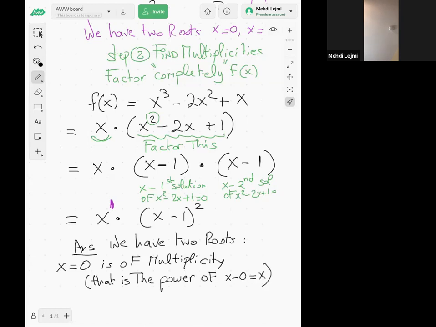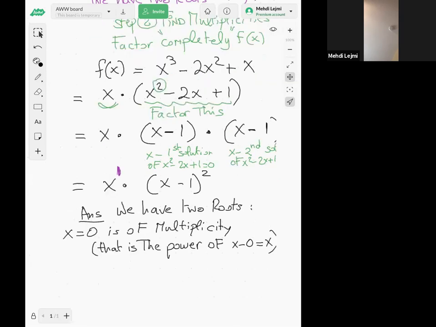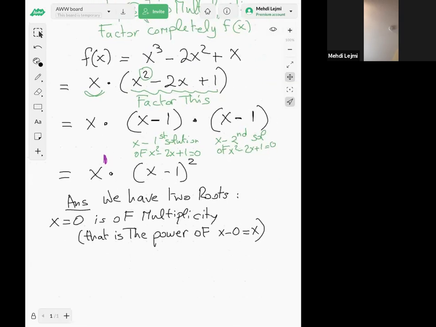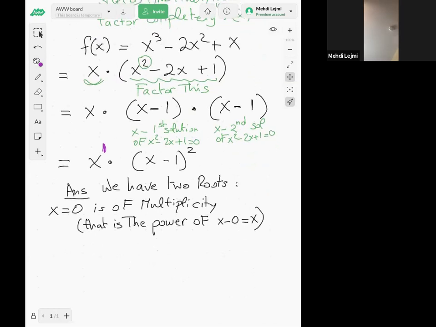Now, what about the multiplicity of 1? Sorry, it's of multiplicity 1 here, right?